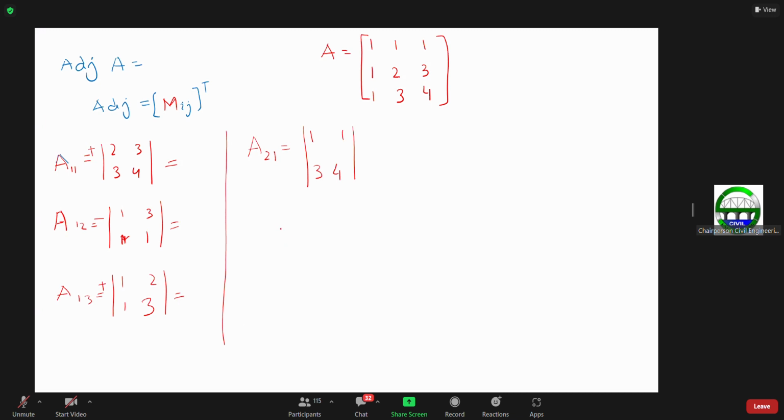And then we will have A2,2 is equals to 1, 1, 1, 4. And finally, A2,3 is equals to 1, 1, 1, 3.